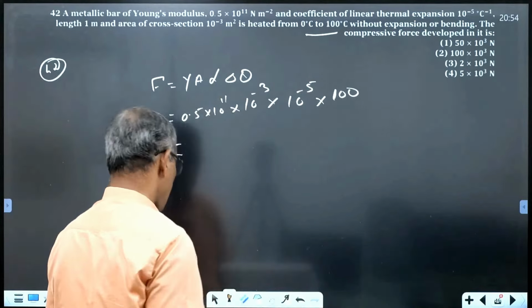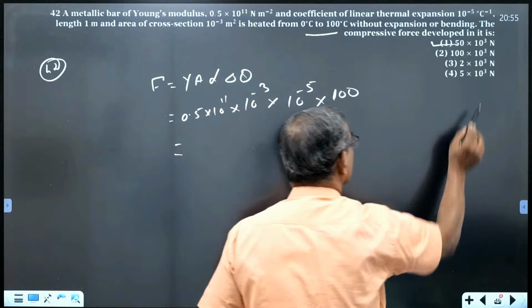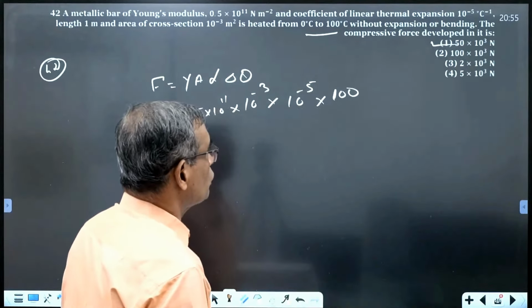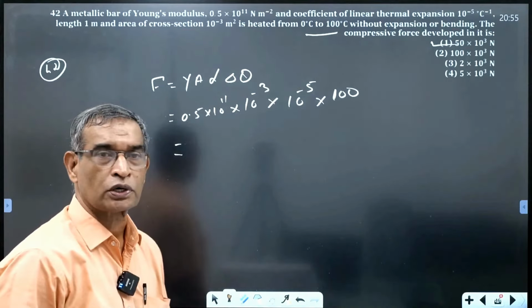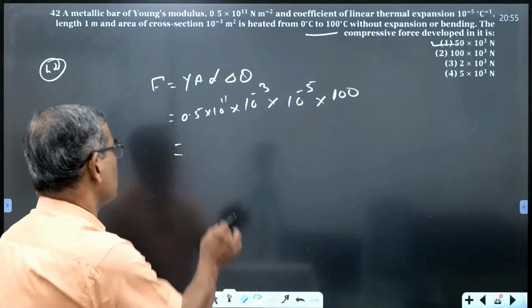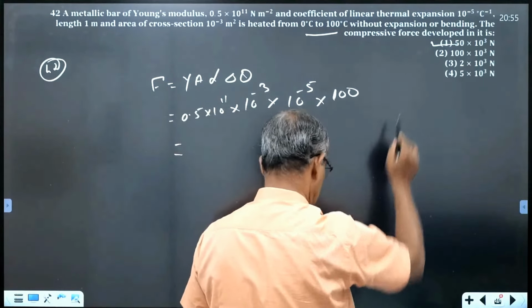Simply calculate this value. The calculation yields 50 into 10 raised to 3. That is the value, a simple calculation. So the option is 1.